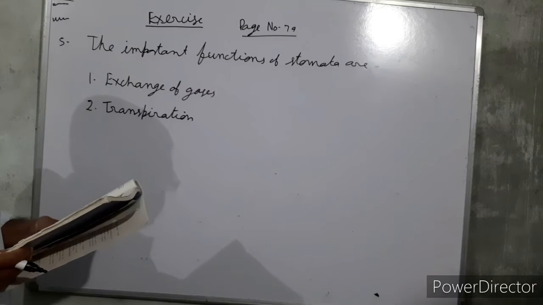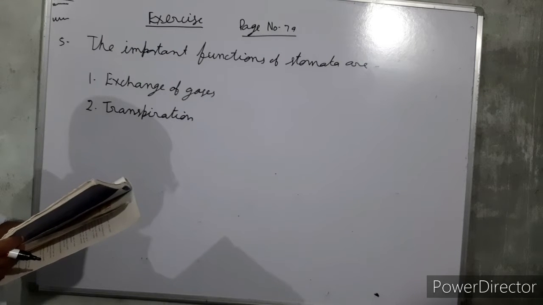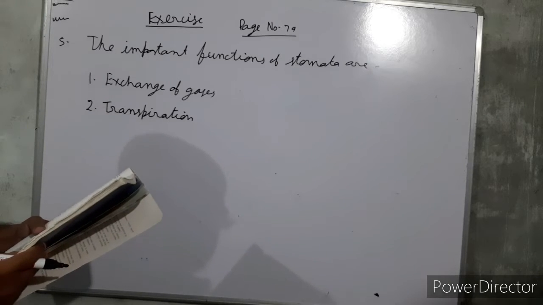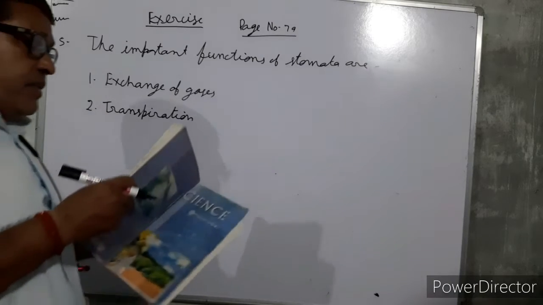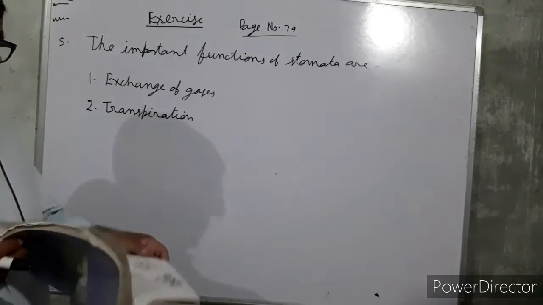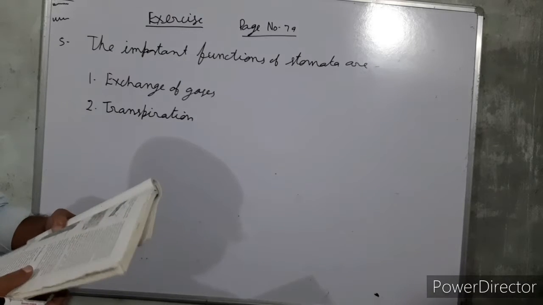Now next, you can see diagrammatically the difference between three types of muscle fibres. The diagram is given in the book, see page number 77.